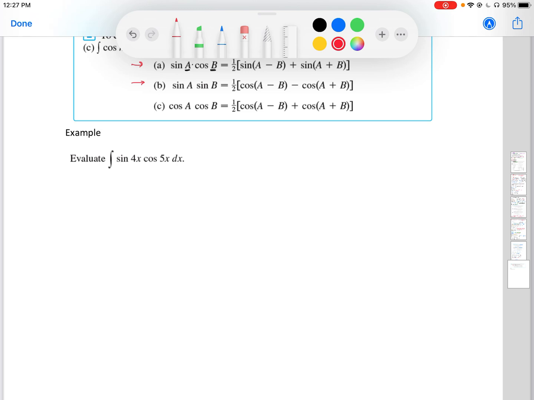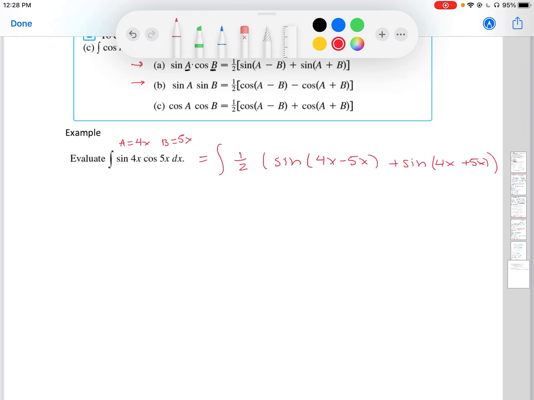So if we make that change, we have the integral of 1/2 times, okay, sine of A, so A is going to be our 4x, and cosine is our B, so B is going to be our 5x. We have sine of A minus B, so 4x minus 5x, plus sine of A plus B, so 4x plus 5x.